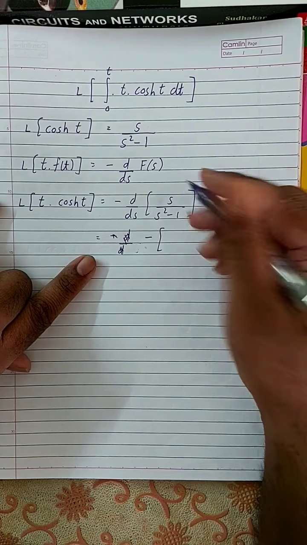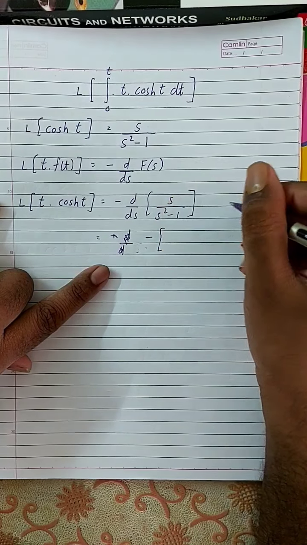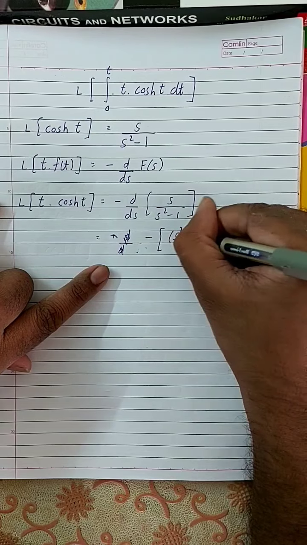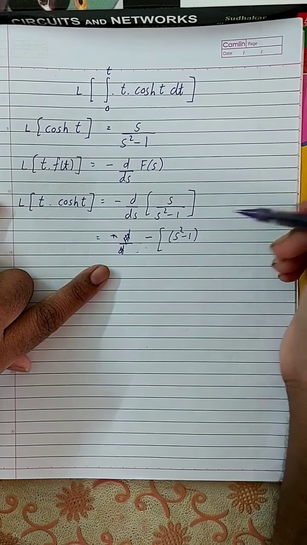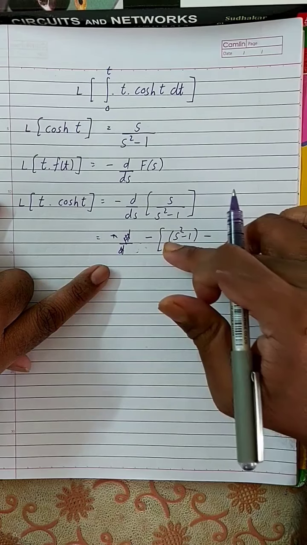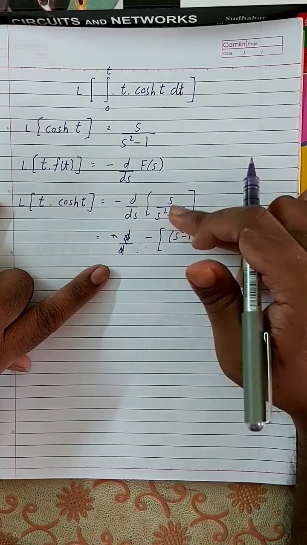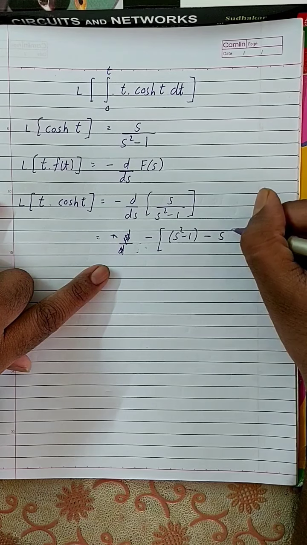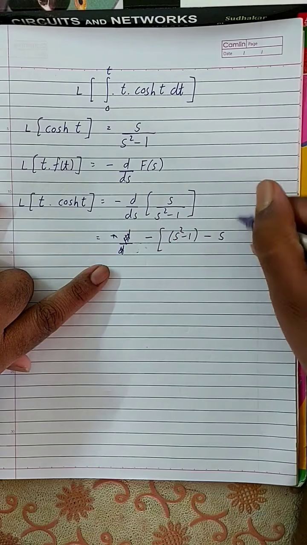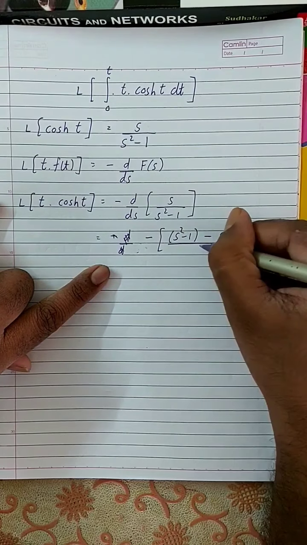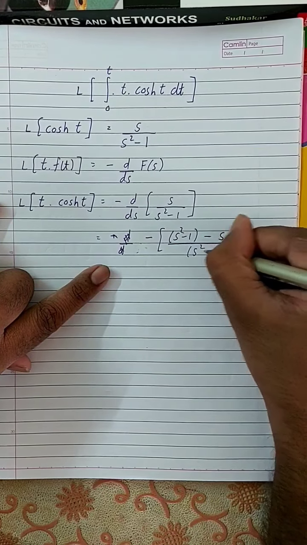So v is s square minus 1 and u is equal to s, therefore du is equal to 1, minus u into dv, so u is s, and v is s square minus 1, therefore dv is 2s, by v square, s square minus 1 the whole square.